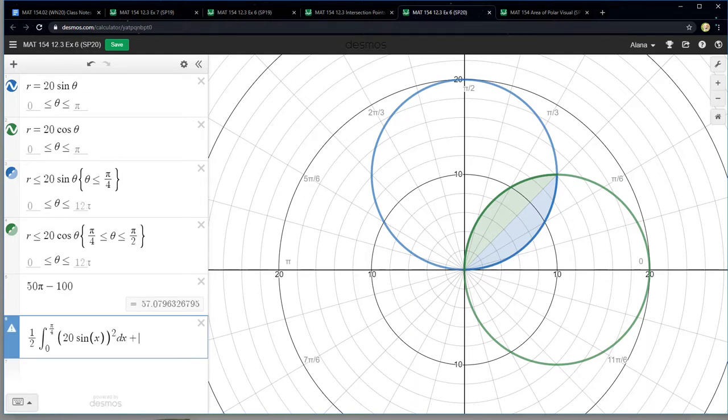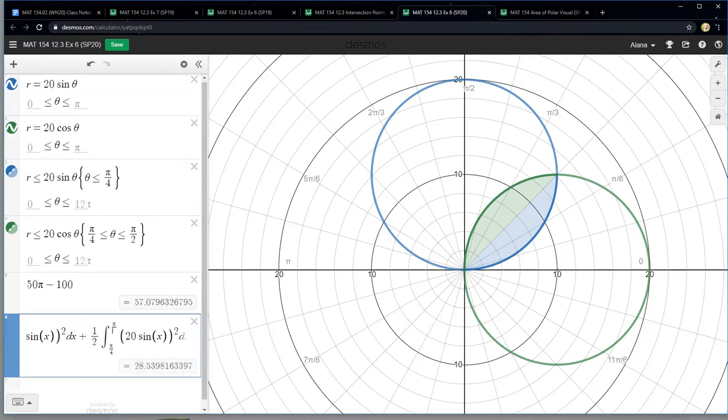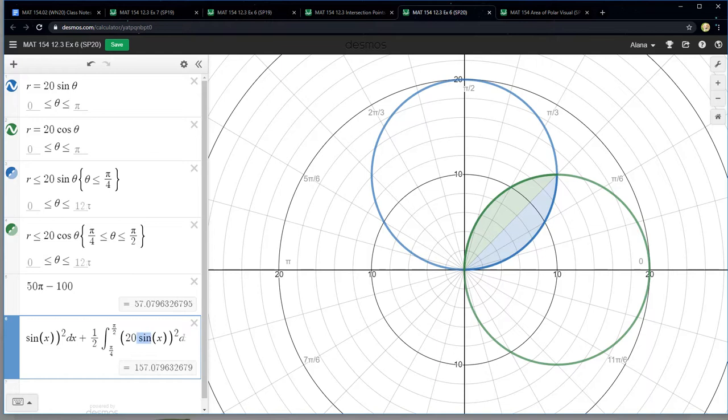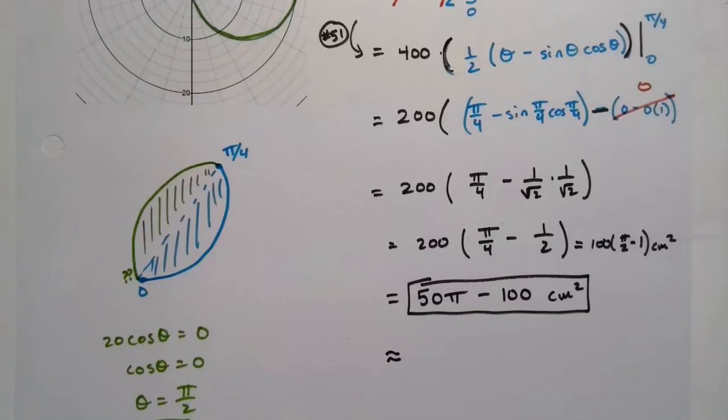As a matter of fact, I can just copy and paste the whole thing. And this one's going to go from pi over 4 to pi over 2, and it's 20 cosine of x. And ta-da! That was the original integral before I divided in half and cut away and only did the blue portion and everything. And sure enough, they are equal. Hooray! Oh, check that number. It was 57.08.